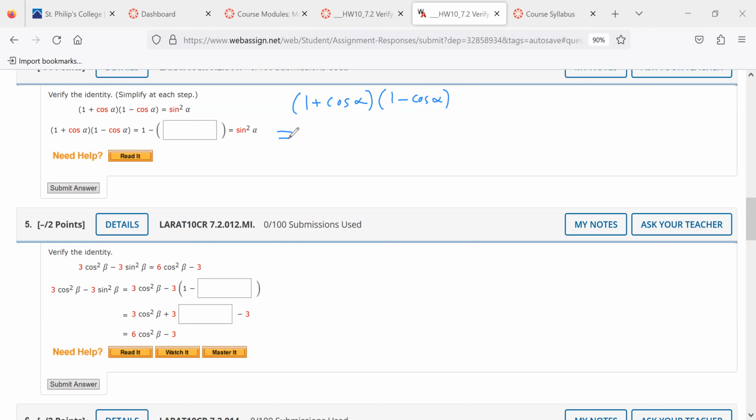Do you see that there's a difference of squares? Yes, with the 1 plus cos and 1 minus cos, it's sine too. The difference of squares right there, right? It's going to be equal to what? Do you guys remember?